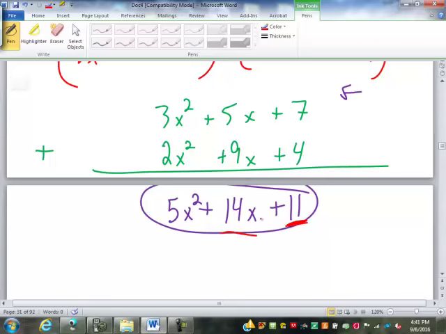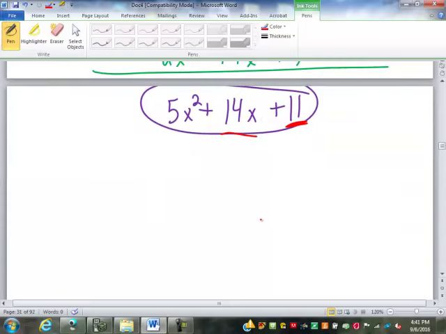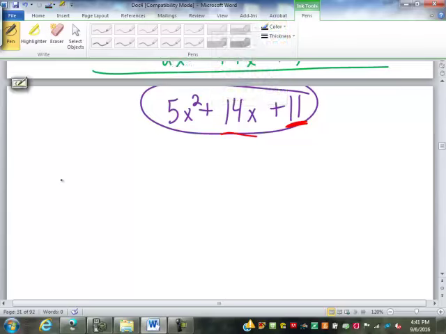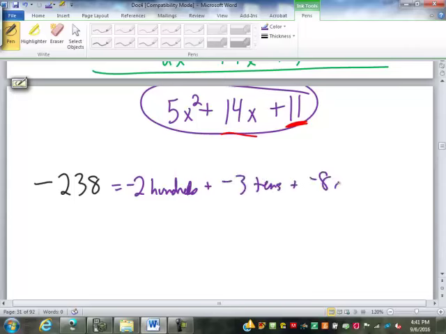Our third big difference between our whole numbers and our algebraic numbers is with our whole numbers, or integers, either every digit was positive or every digit was negative. If I have negative 238, that means it's a negative 200s and a negative 3 10s and a negative 8 1s.